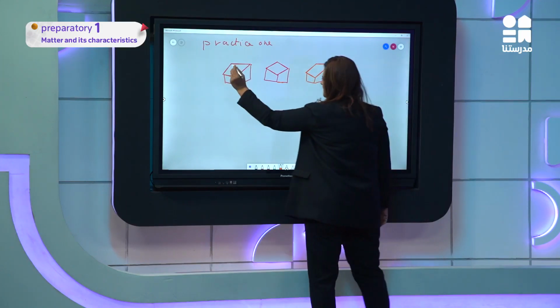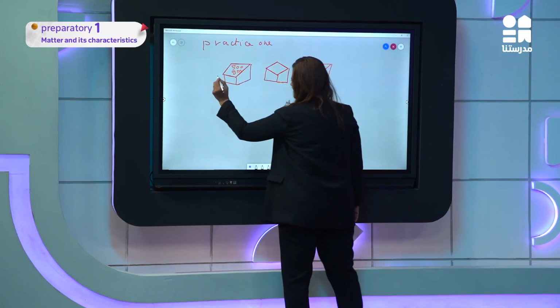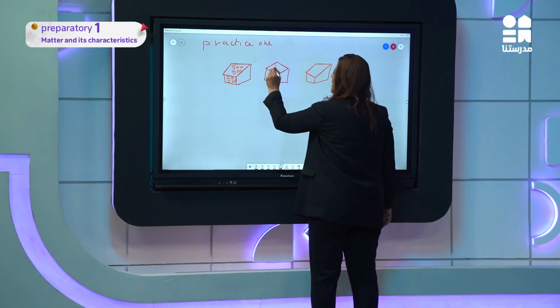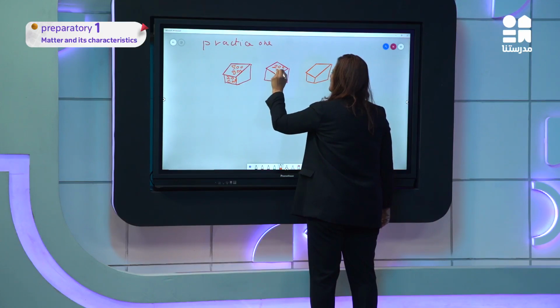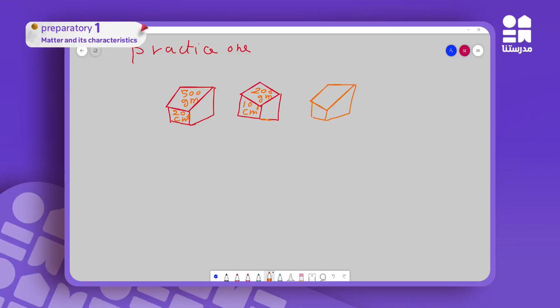The first cube, its mass is 500 gram. Okay? And its volume is 20 cubic centimeter. And here 200 gram and 10 cubic centimeter. The third one is 100 gram and 2 cubic centimeter.